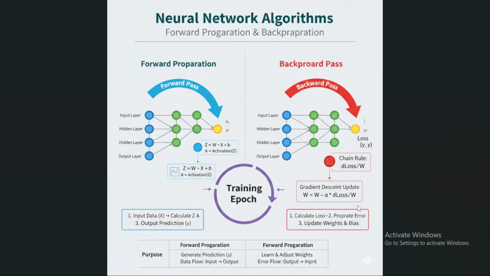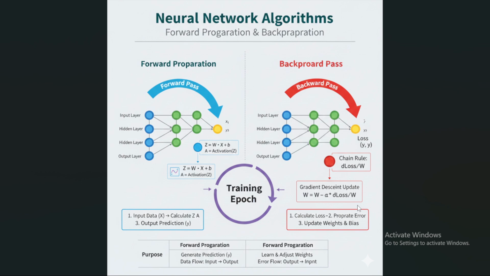So output layer gradient, and second one is hidden layer gradient, and the next one is weight update, and text forward pass, backward pass, output layer gradient, update weights, forward pass, backward pass, and gradient flow backward efficiently, and batch processing.